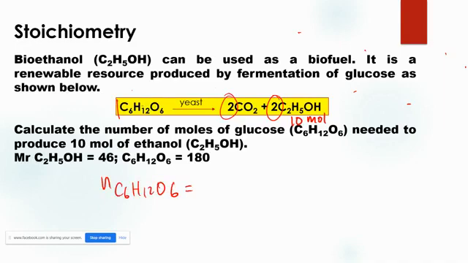To find the number of moles of glucose, we can use the ratio of reaction coefficients. In this case, the ratio of reaction coefficient of glucose and ethanol is 1/2. So 1/2 times the mole of ethanol, 10.